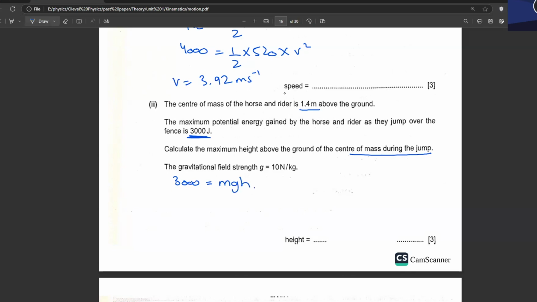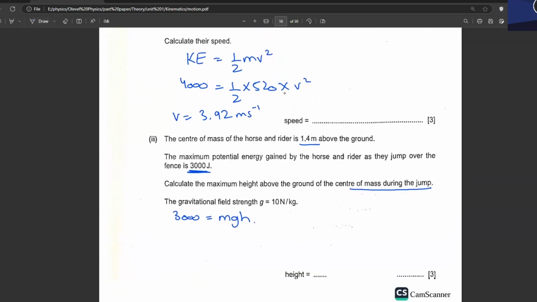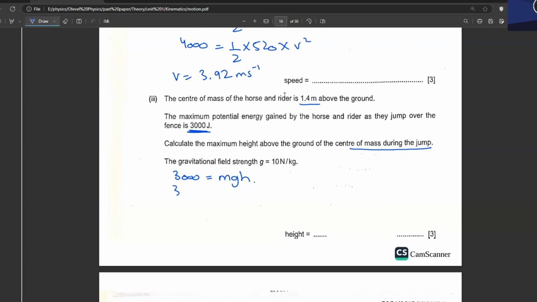Do you have the mass of both the rider and the horse? Yes, 520. Do you have g? Yes, that is 9.8. 520 into 9.8. Can you calculate the height of the jump? Yes. 3000 divided by 520 into 9.8. This comes out to be 0.589. Height comes out to be 0.589.